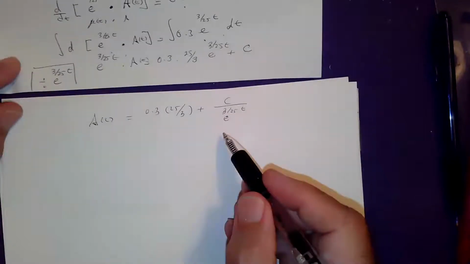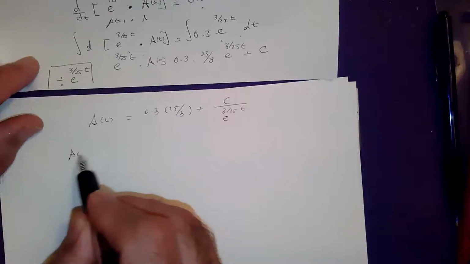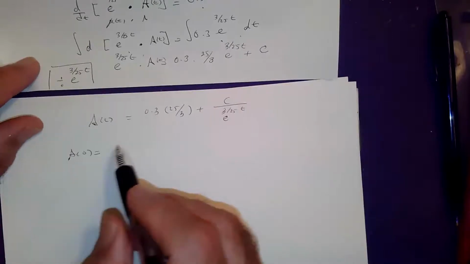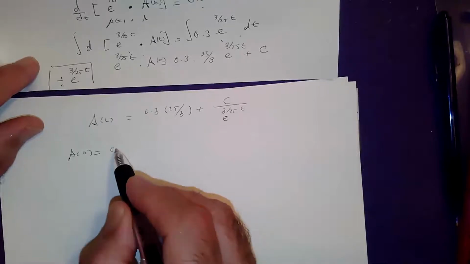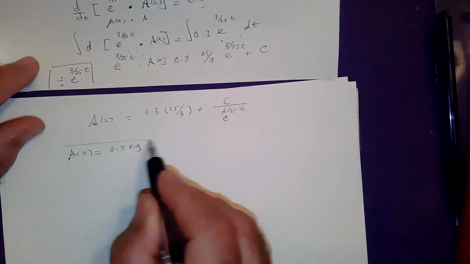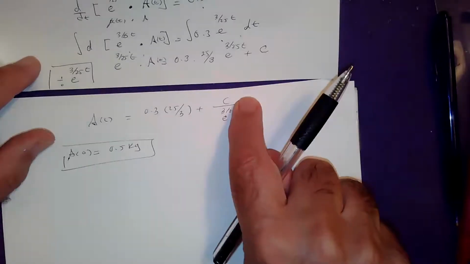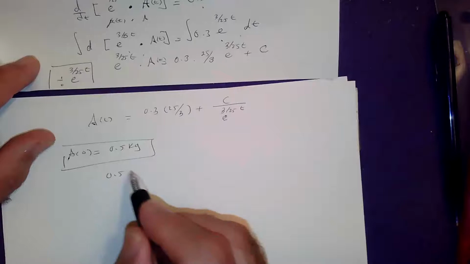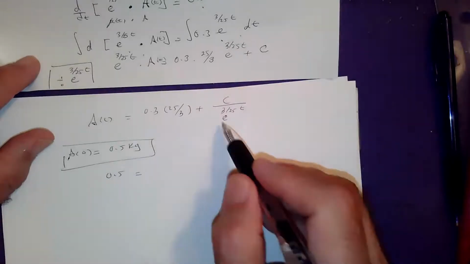Do I have an initial value for the amount of salt in the tank? I sure do. Remember, A sub 0 was given to me as 0.5 kilogram. Impose this condition so you can find C. So go like 0.5 equals, let me just make sure I'm okay here.